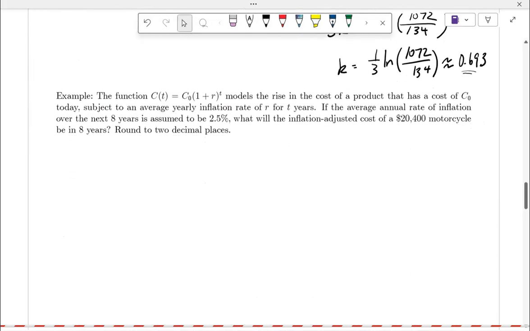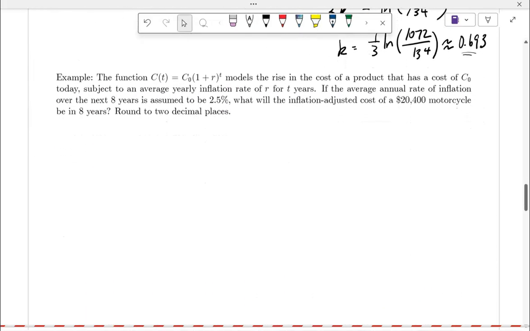Okay, cool. Let's do one more example where we've got a specific type of exponential function, and then we're going to talk about the idea of relative growth rate and play around a little bit more, and we'll be done with this section. So let's look at this next example. They give you a model here for inflation. You hear about inflation quite a bit in the news.